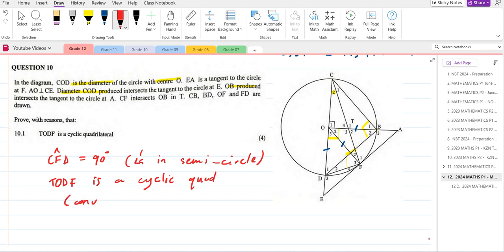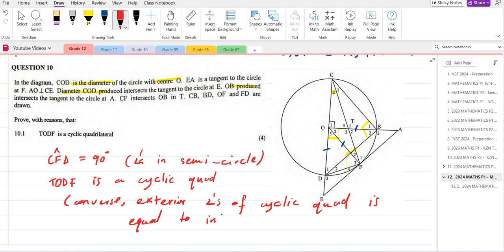Converse, exterior angles of cyclic quad is equal to interior opposite angle.